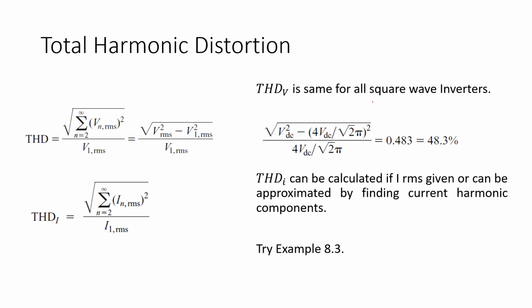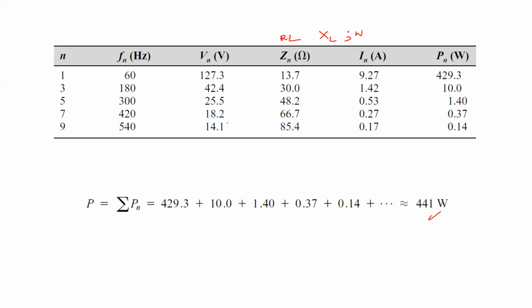No. Okay. So total harmonic distortion is defined as the total harmonic content. Harmonic content means, you remember, there are waveforms. So this is the fundamental. These all are harmonics.